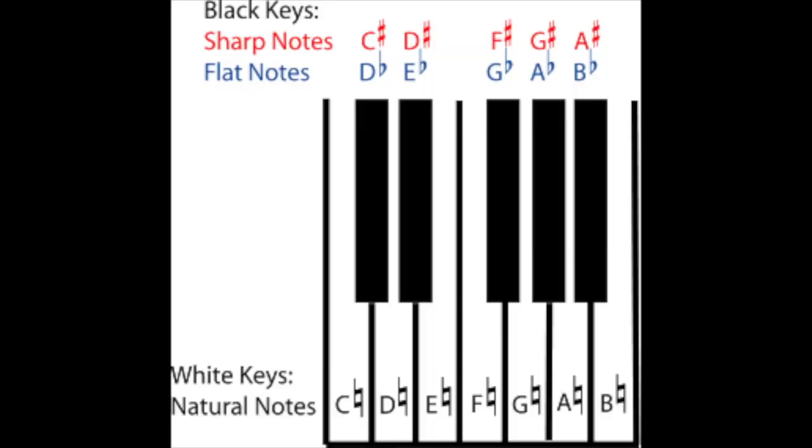And again, the name is interchangeable depending on when you play the notes. On the screen now, you're going to see an image which shows you the rest of the notes. These 5 notes are the only notes on the keyboard that have 2 names.